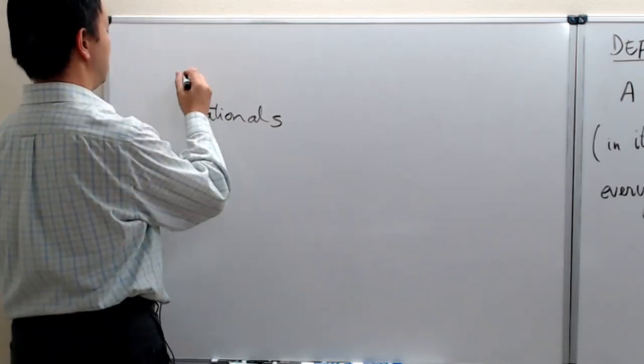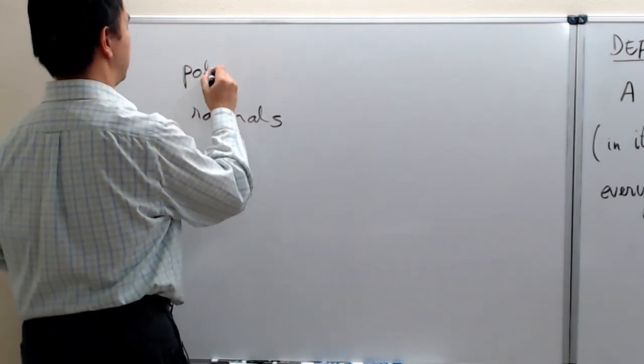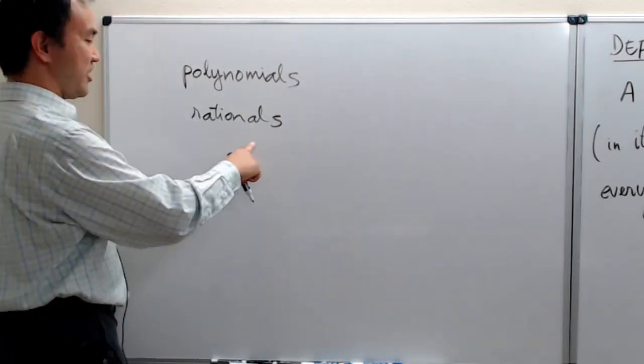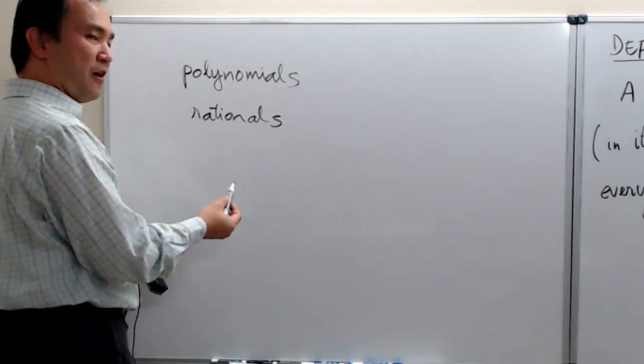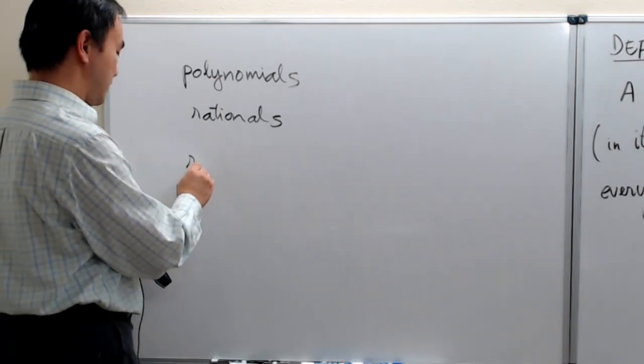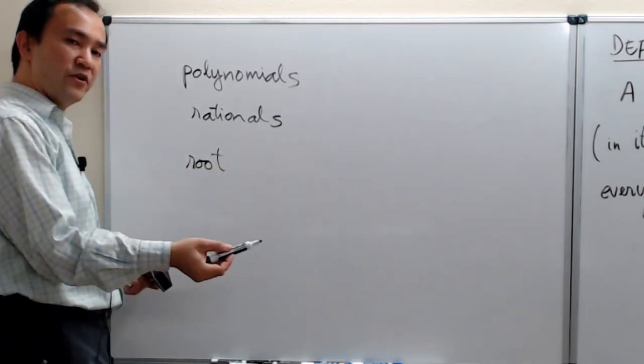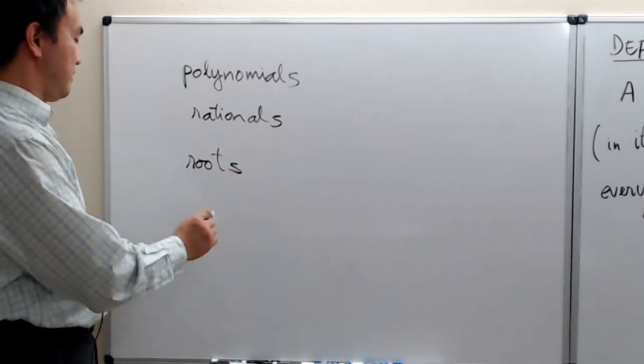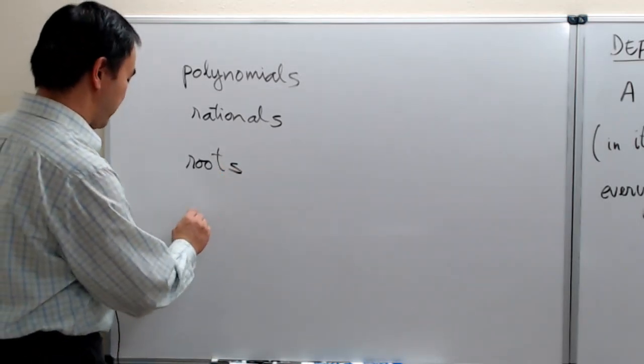Polynomials, rationals. You have seen functions that involve roots, for example, square root and cube root functions. So roots. You have seen trig functions.